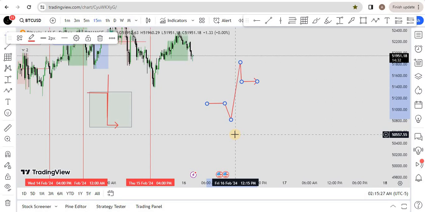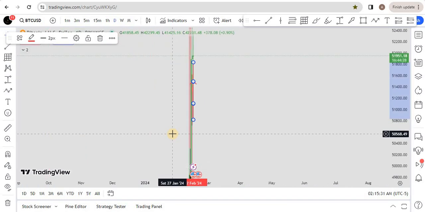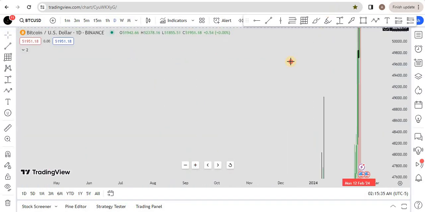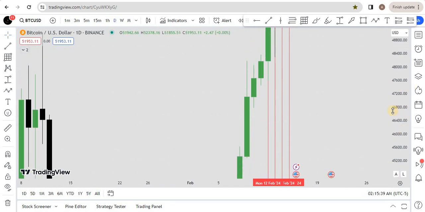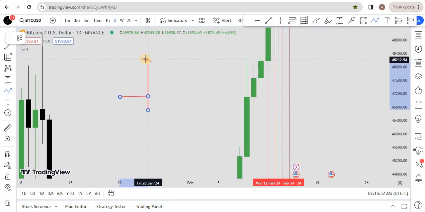You will see, if you go to the daily time frame, most of the time you see the same thing. Any candle. If I take an example for this, open, down, goes high, and then close.